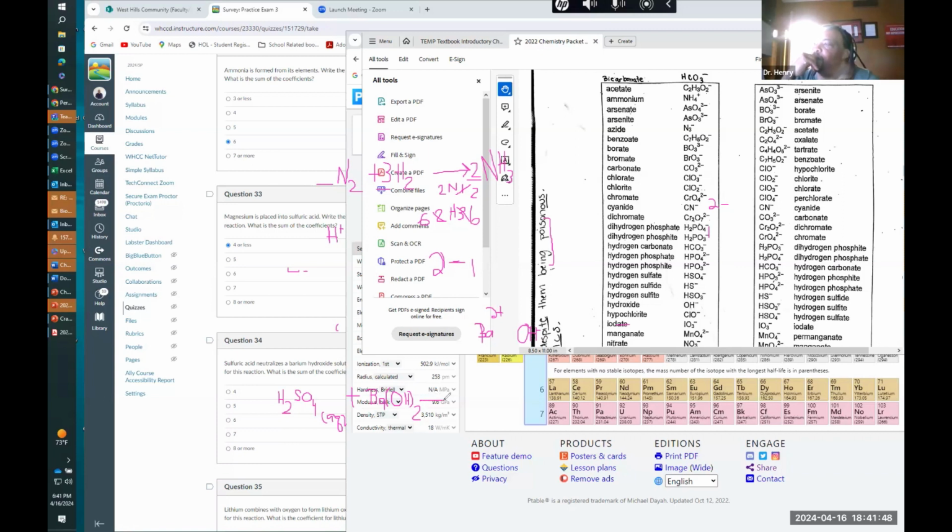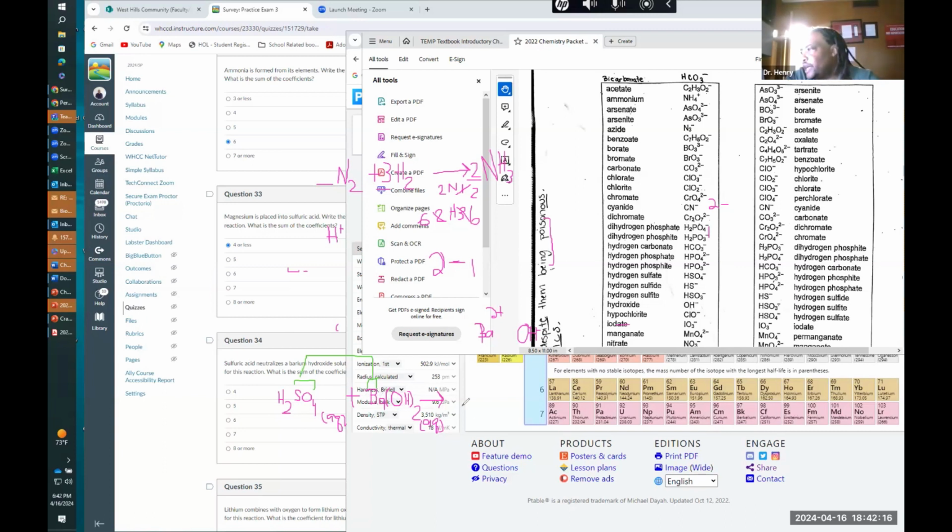Now this time, we're going to have a double displacement reaction because both of these are ionic type compounds. In one case, we have sulfate, which is our negative ion. That's going to hook up with barium. We know sulfate is a 2 minus, and barium's a 2 plus.